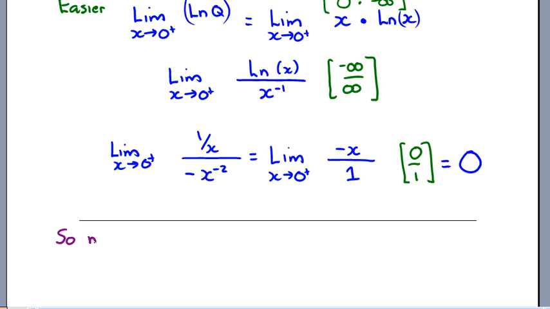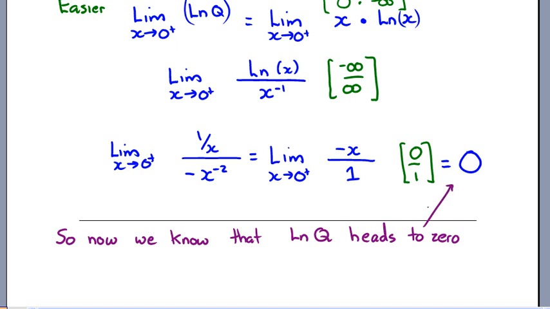So now, at this point, we know that the ln of their question heads to 0. It limits to 0. Right? That's what this is saying. It's kind of like saying we know that the ln of q is going to 0.